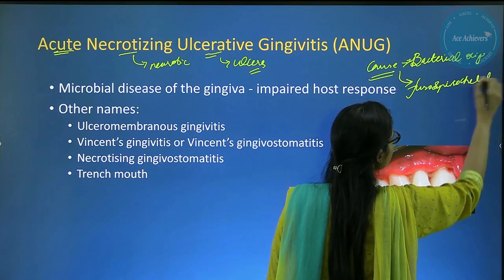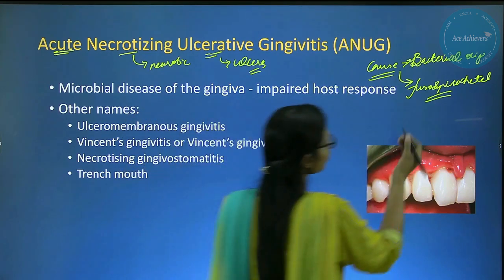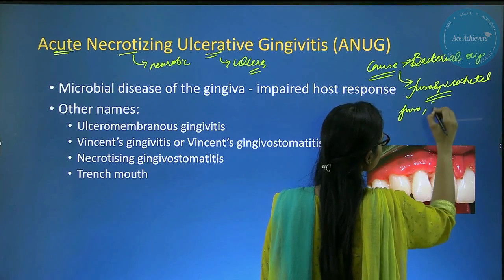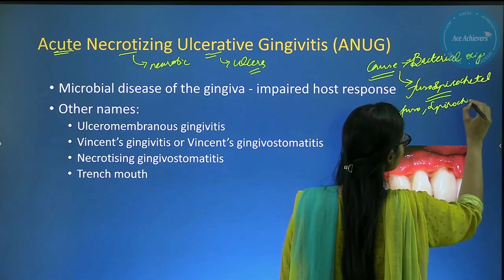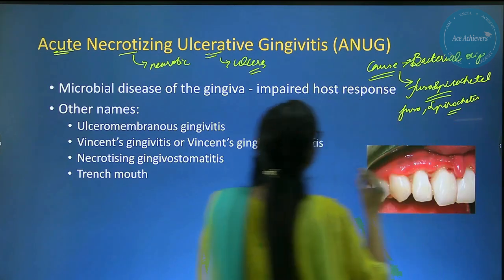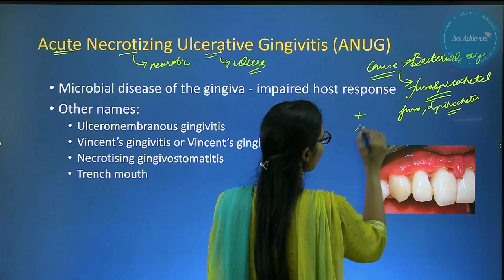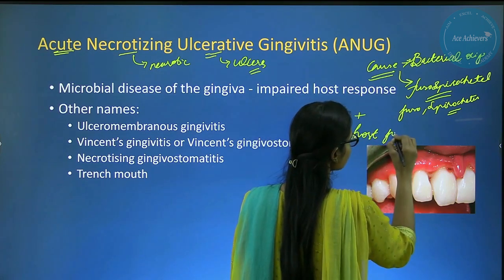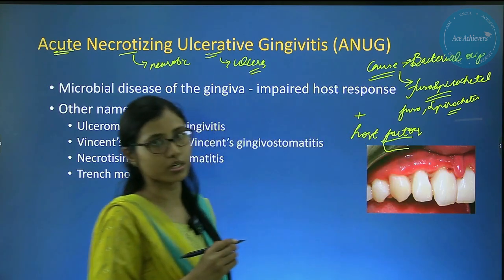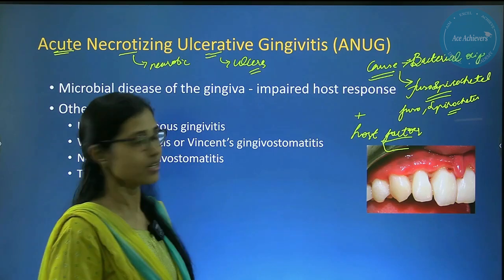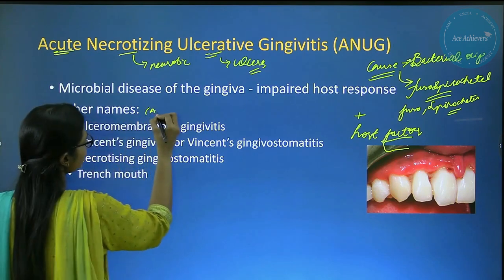This has a characteristic bacterial origin of fusobacterium and spirochetes like Treponema pallidum and Treponema denticola. Along with the bacterial origin, it also has host factors involved, which are responsible for the aggravation of the disease.